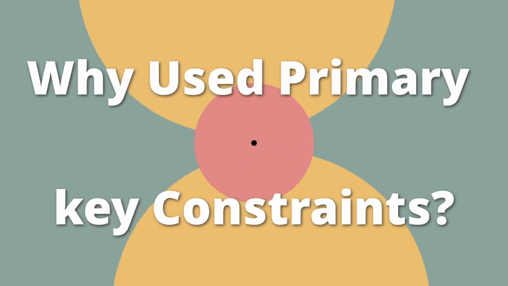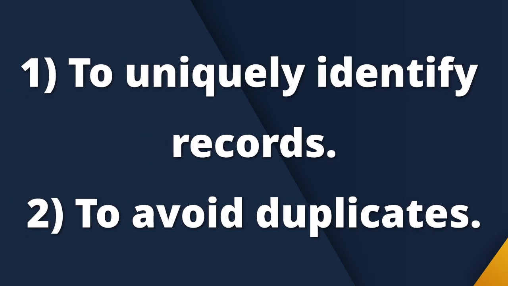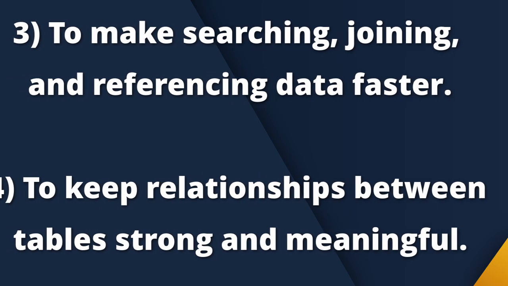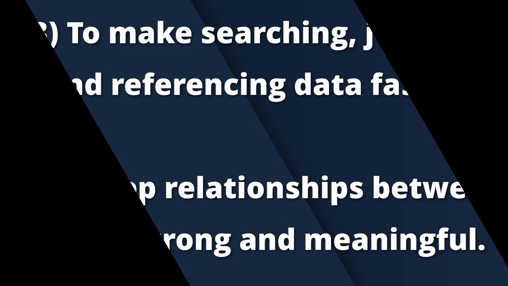So, why do we use a primary key constraint in SQL? It identifies the values to uniquely identify the records, to avoid duplicates, to make searching, joining and referencing data faster, and to keep relationships between tables strong and meaningful.